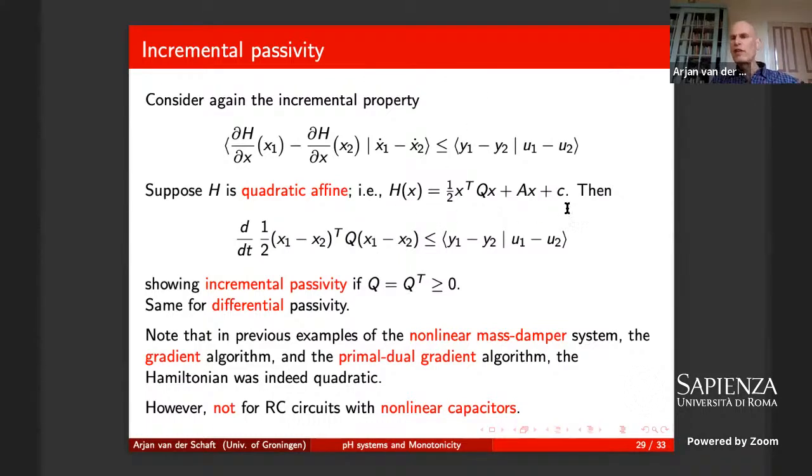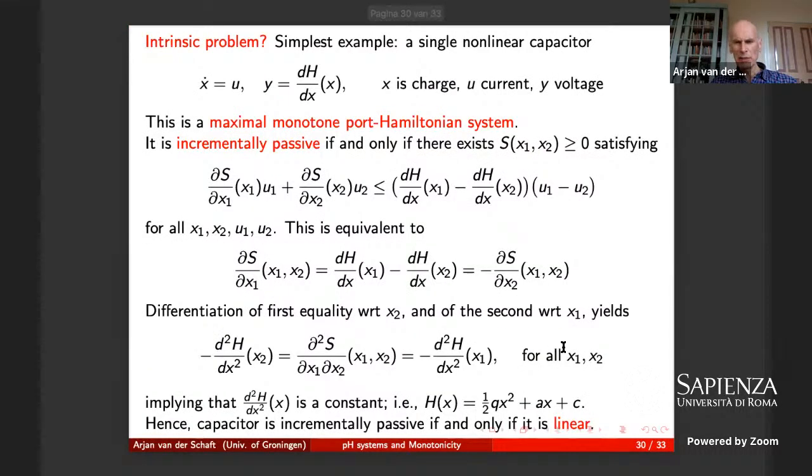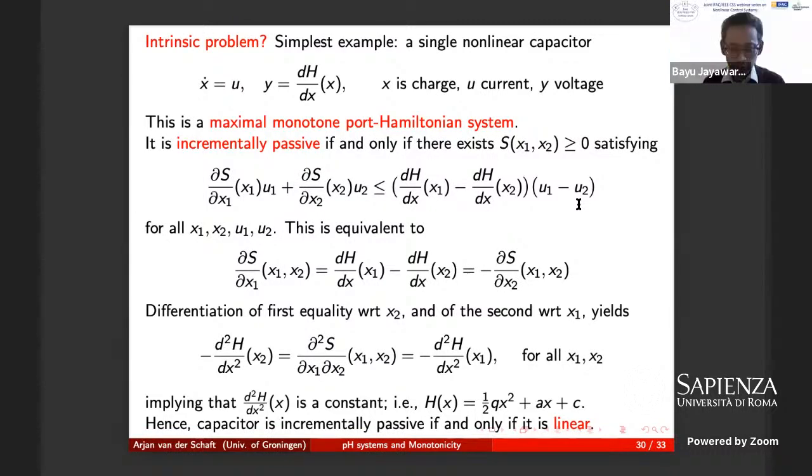If the Hamiltonian is not only convex but quadratic, affine, then you get incremental passivity. But in general, the story for incremental passivity is a bit confusing, and I think this was also discussed in the previous lecture by Rodolphe.